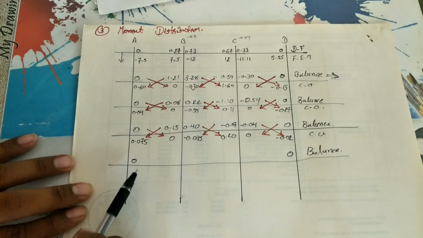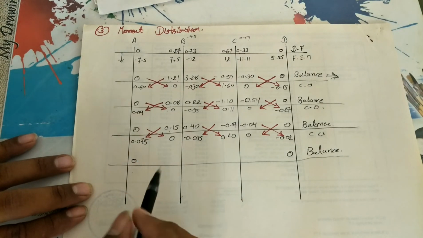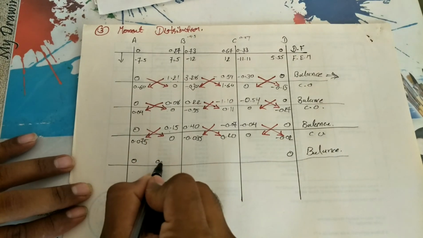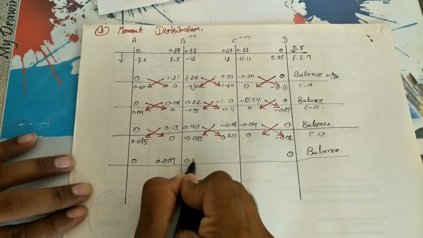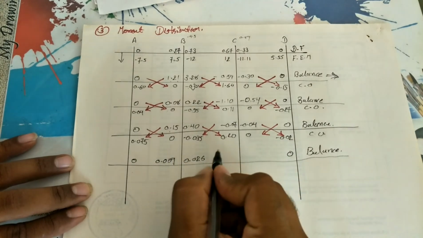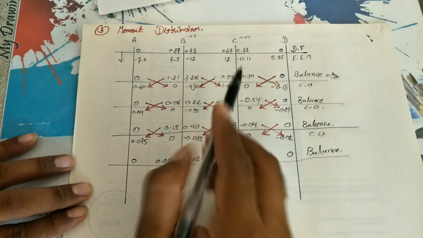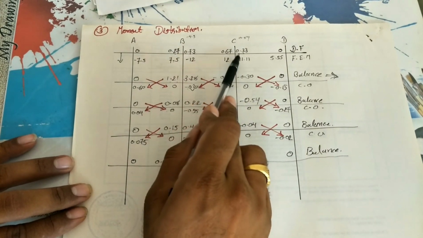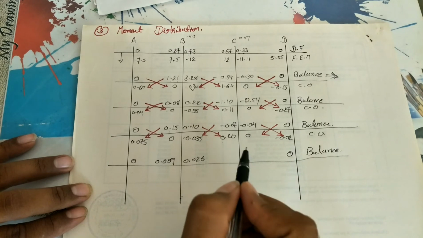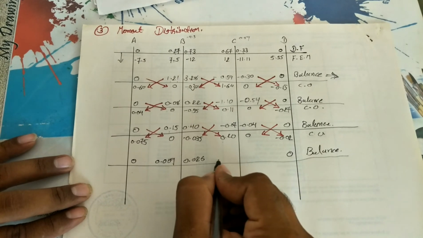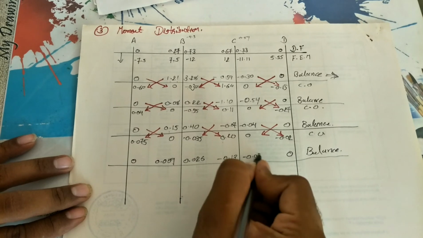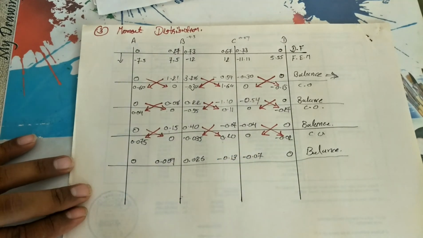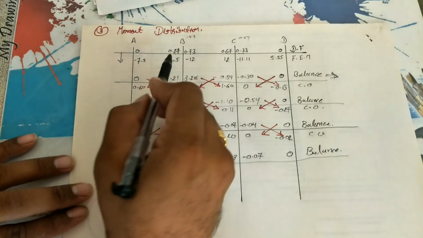You are getting a minus answer, but we have to write it as a plus, so 0.009 and this is 0.026. This is 0.20 multiplied with 0.67 and 0.33. The answer you are getting is plus, so we have to write minus 0.30 and 0.07.